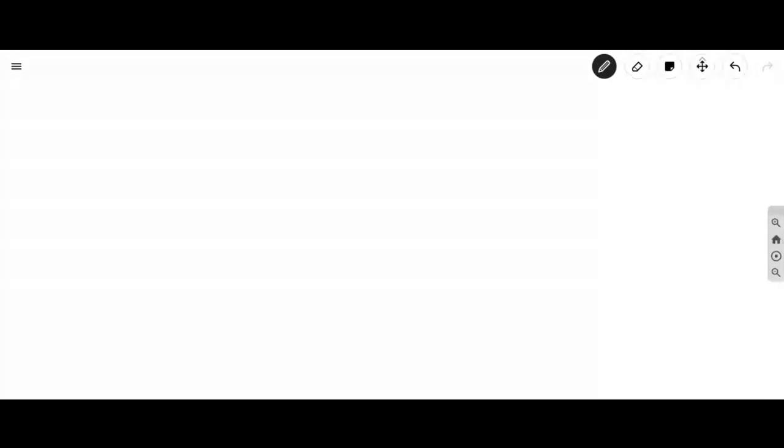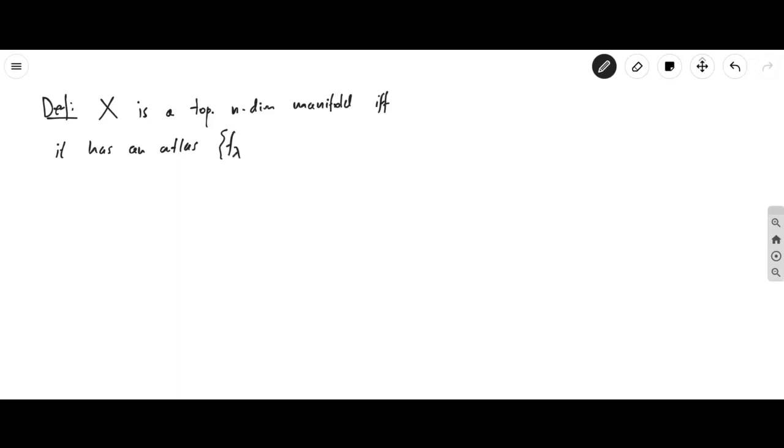Let us write down the definition again before we say what is a smooth manifold. Definition: X is a topological n-dimensional manifold if and only if it has an atlas. What is an atlas?